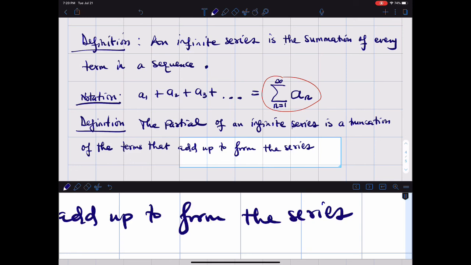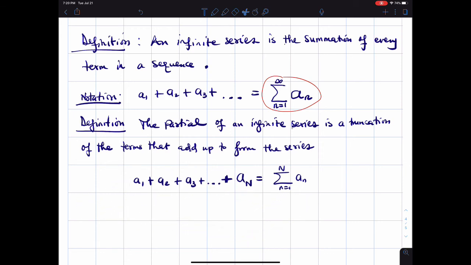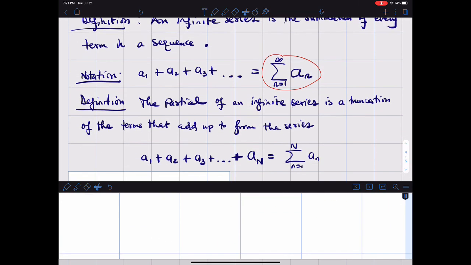Okay, so this is probably not a very precise definition, let's put it that way, but it gets the job done. So an example would be that.